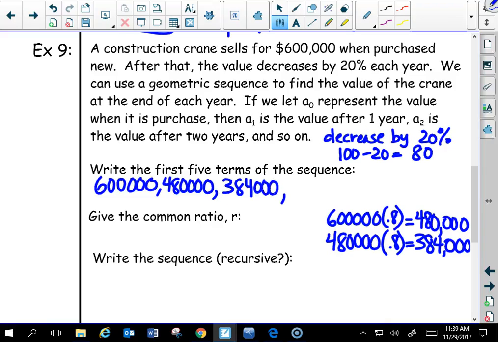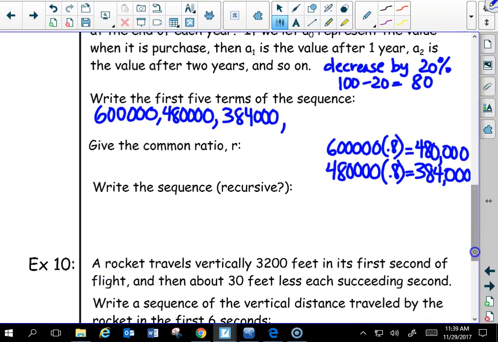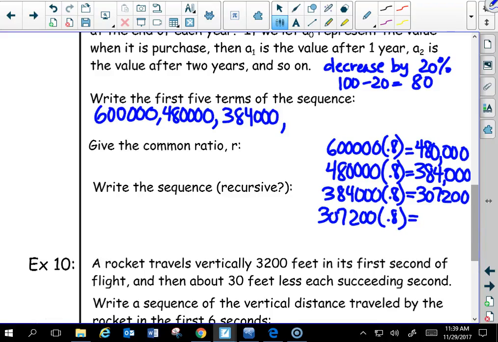And continuing with this idea, 384,000 times 0.8 gives 307,200. Okay, so listing these out, those are the first 5 terms in the sequence.